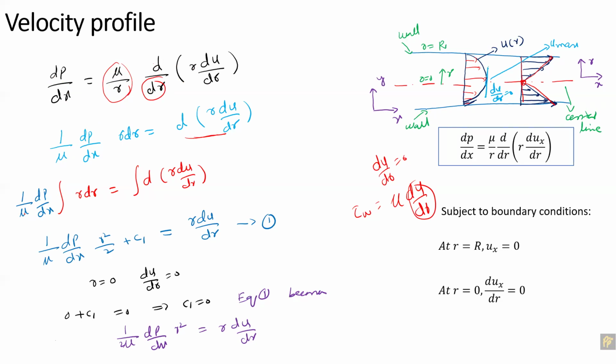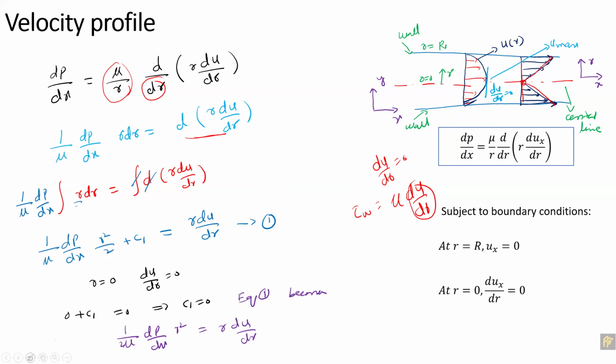The viscosity is constant, the pressure gradient is constant, so you can integrate r dr, and this is the derivative of r du by dr. So this derivative will cancel out with the integration, and we just get r du by dr on the right hand side, and this will become 1 upon viscosity dp by dx and r square upon 2 plus c1.